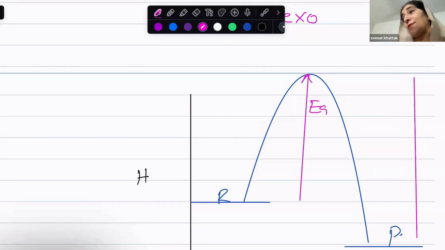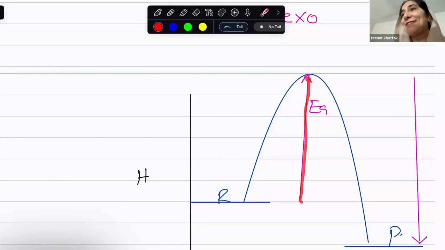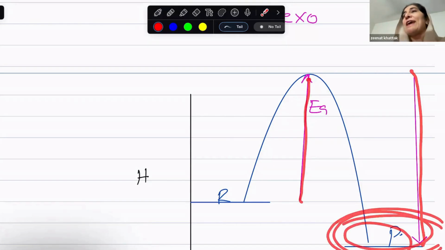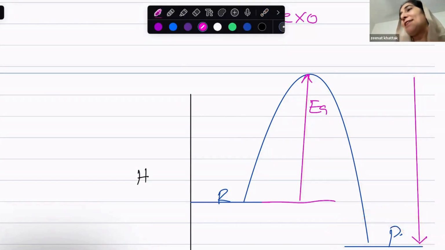I will continue this with the same correction. Absorbed is less and released is more. Product have stronger bonds. As a result, the arrow is down, the delta H is negative.